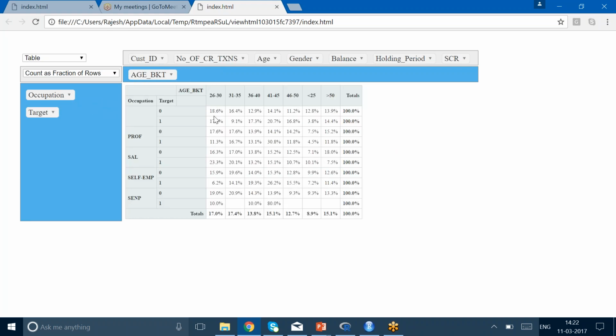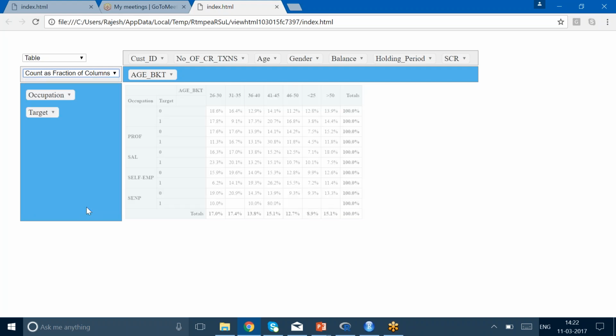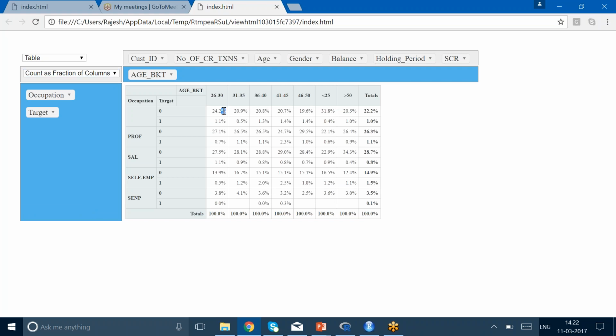Does it make a difference? Count as a proportion of columns. No, and this number should actually add up to 100. So it will say in 26 to 30 missing occupation, what proportion of zeros are there and what proportion of ones are there.